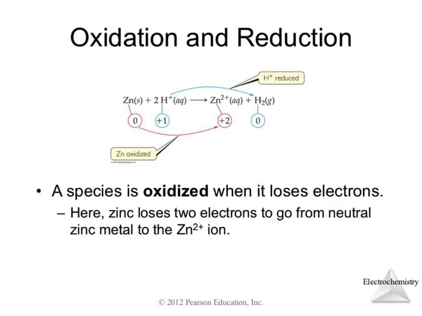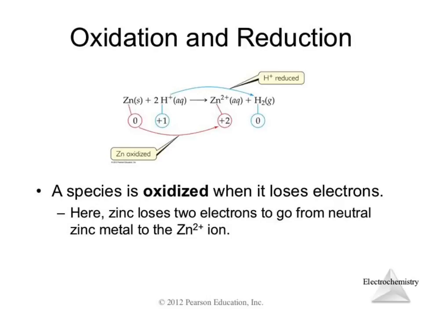So what did I do to it to go from a 0 to a +2? I lost 2 electrons. Wait, I became bigger by losing something? It becomes more +2 versus 0. Which is bigger? +2. How did I get bigger by losing something? Because of what I lost.